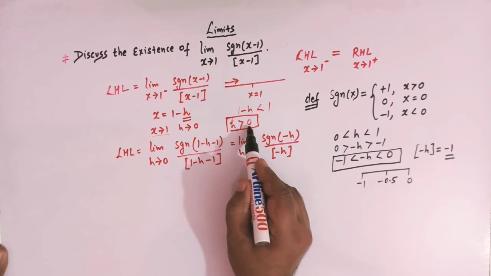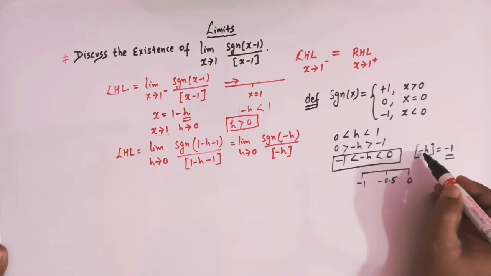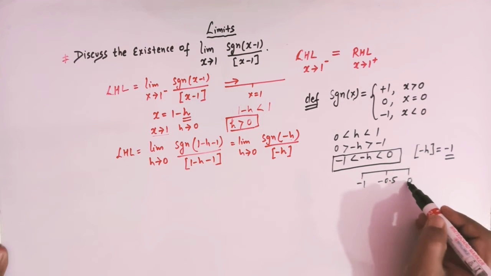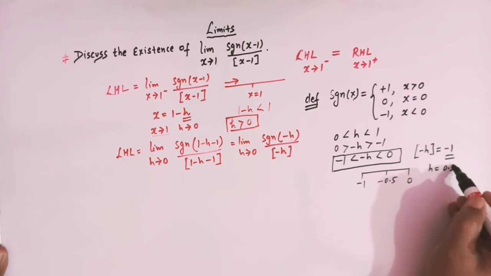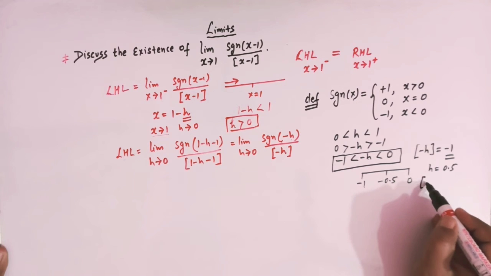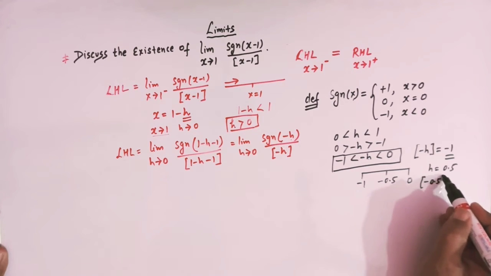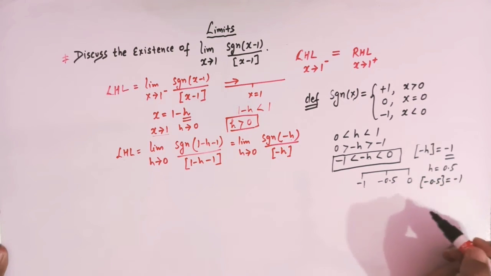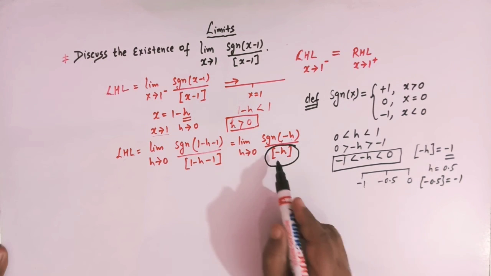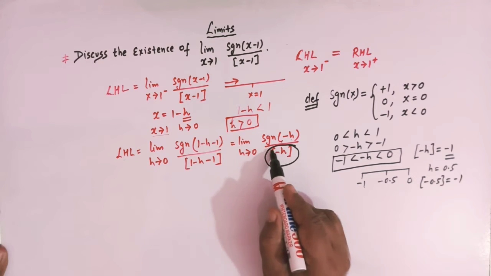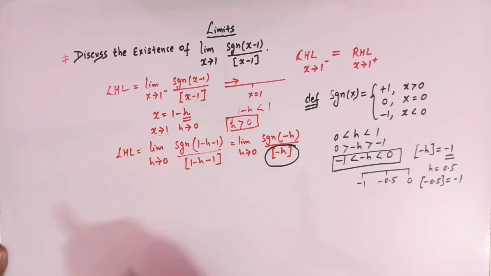Because h is greater than 0, so minus h is less than 0. So if we take h is equal to 0.5, then the value of greatest integer of minus 0.5 is equal to minus 1. So here we'll take minus 1 for greatest integer of minus h.